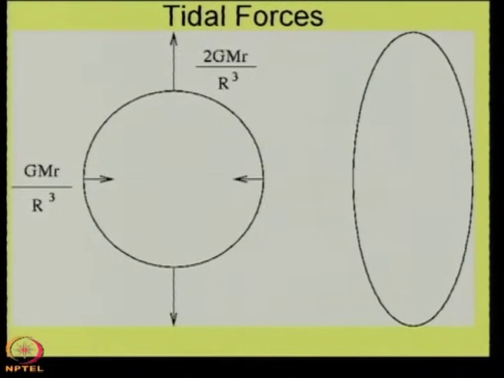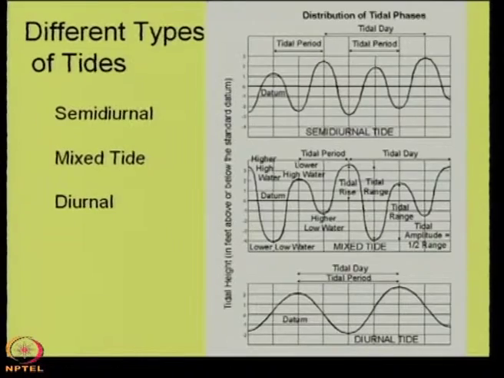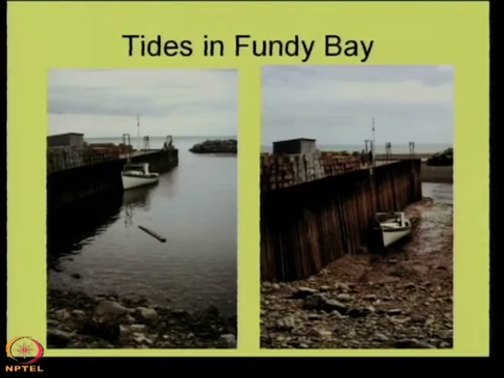Now, these tidal forces are what are responsible for the level of the sea going up and down. The earth is falling freely in the gravitational field of two massive objects.